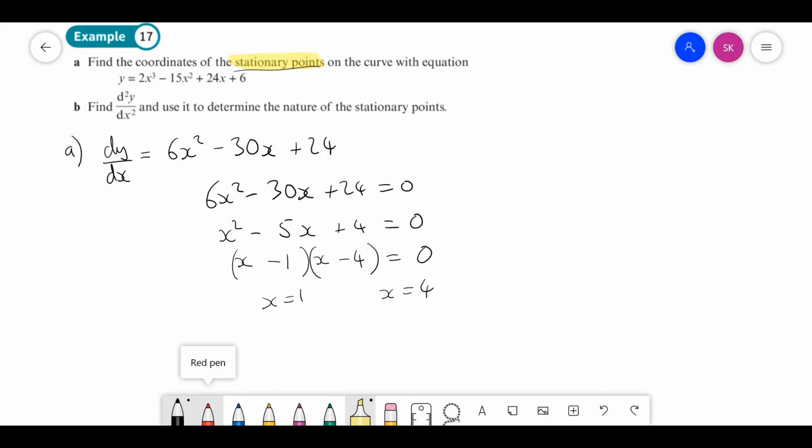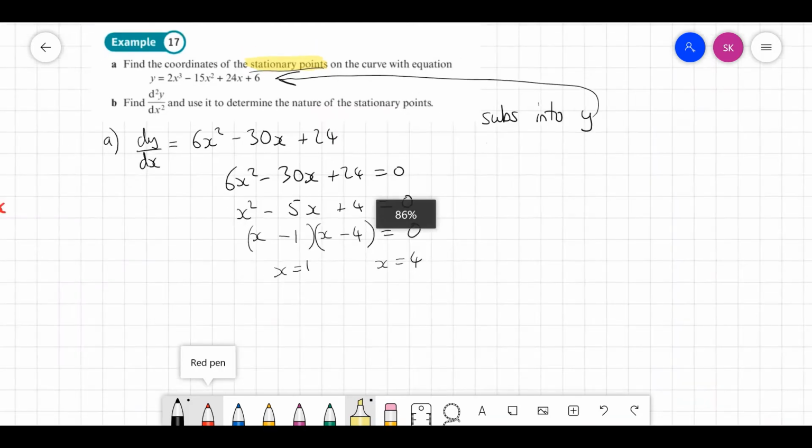To find what y is, because I have to find both coordinates, I'm going to substitute into y. So I'm going to substitute into the original equation. I'm going to do that underneath to keep it neat.